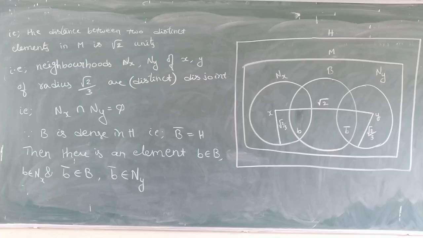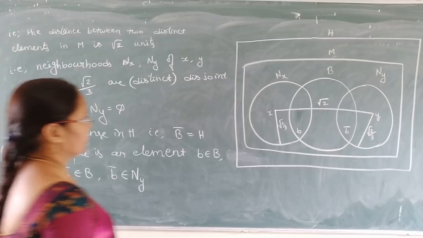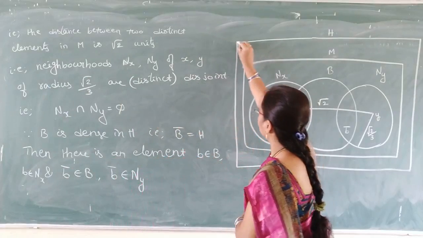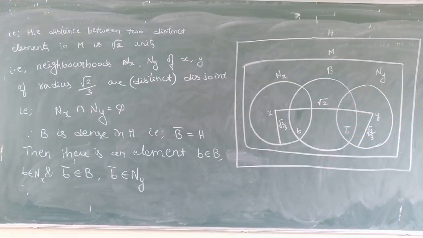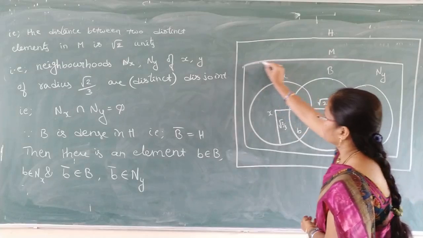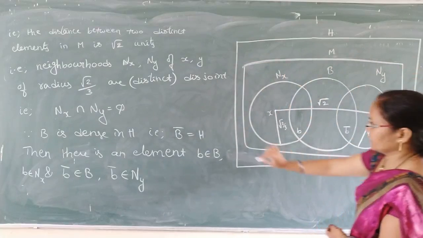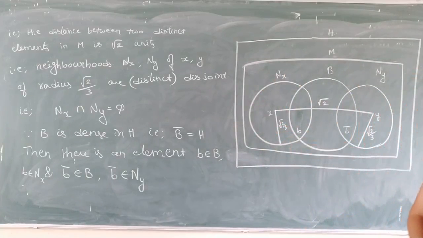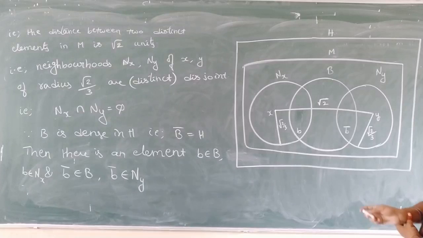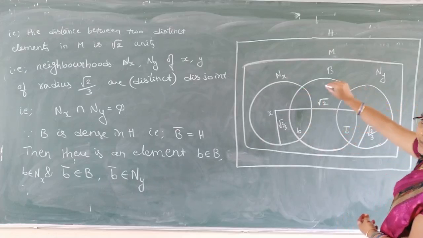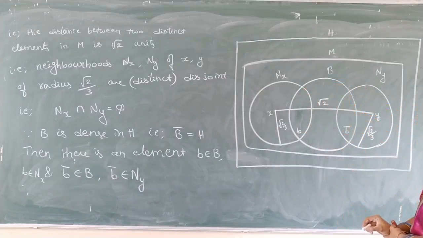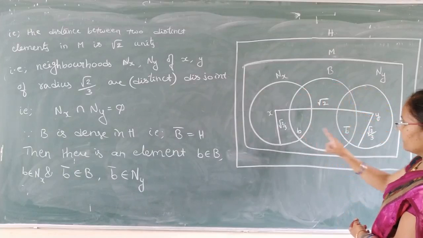So here, this is the Hilbert space, this is the H. This entire thing is the H. Next, M is a subset of H. B is also a subset of M. So B is one of the sets in M. In this B, we have two elements, b and b bar.